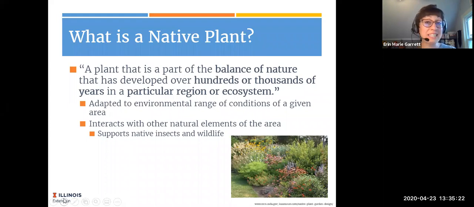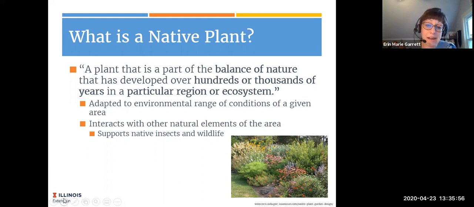So we can say that there are plants that are native to the United States, but just because it's native to the US doesn't mean I'd necessarily want to pick it to put in my native plant garden here in Illinois. And as I've quickly learned as I moved from Northern Illinois to Southern Illinois, just because some plants are native to Illinois as a state doesn't mean that they're suited to grow down in Southern Illinois, okay? And vice versa. There are many things that grow in Southern Illinois that aren't typically found in Northern Illinois, so I wouldn't necessarily want to move those and plant them in Northern Illinois.